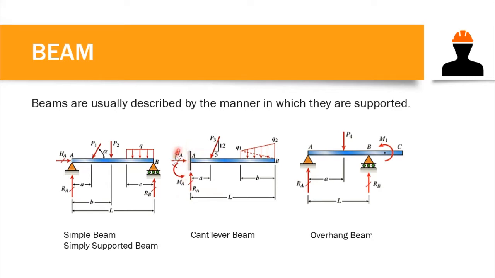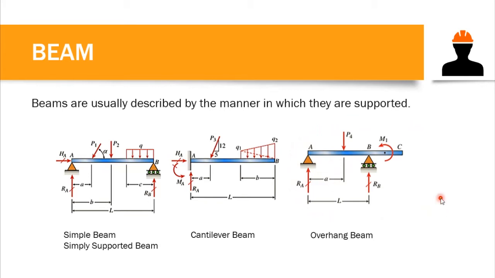For an overhang beam, we have a free end with no support at that point, but we have two supports within the beam, just like this example.